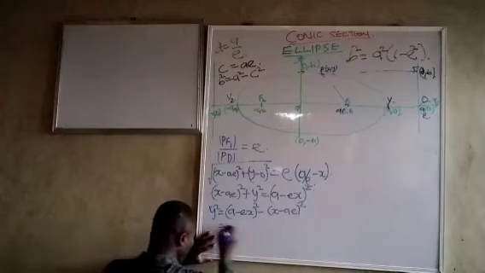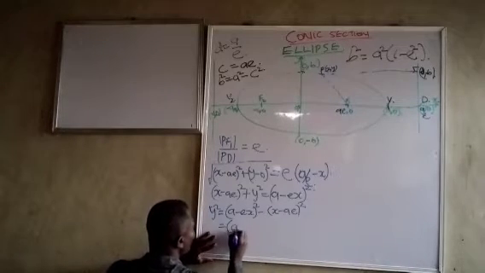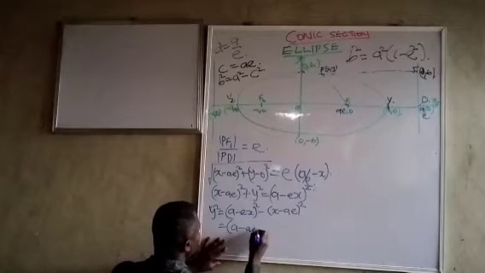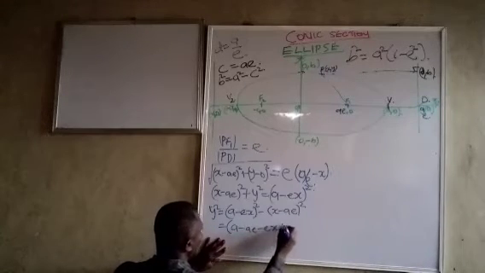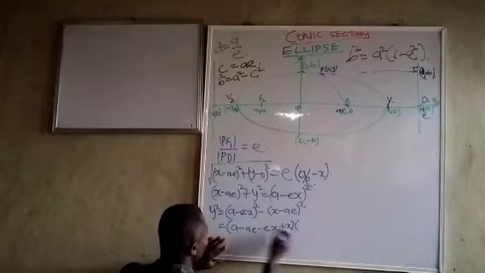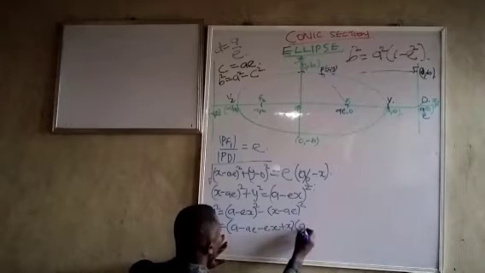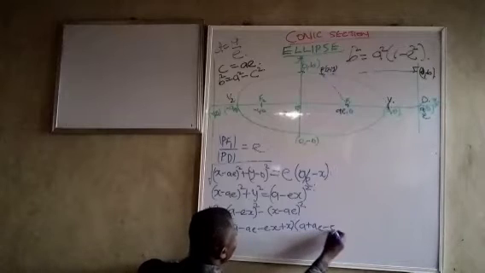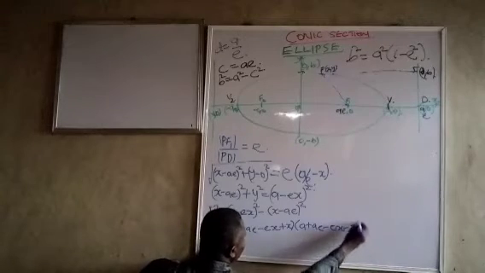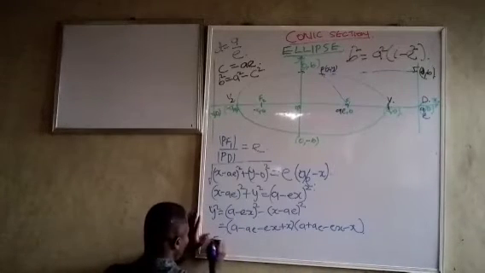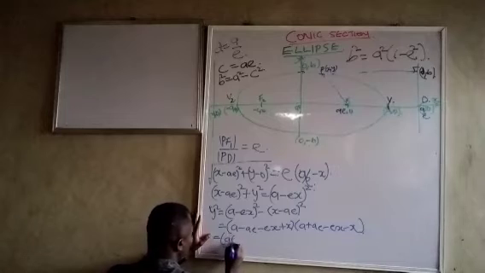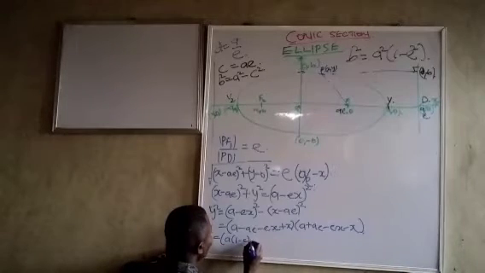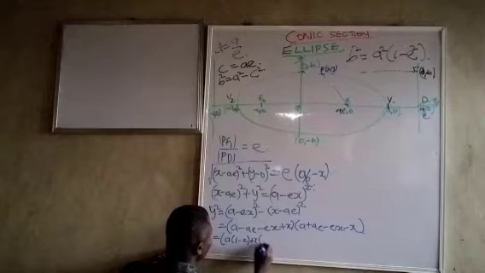It's going to give me A minus AE minus EX plus x, into A plus AE minus EX minus x. So let's factorize. That will give me a into 1 minus e plus x into 1 minus e.